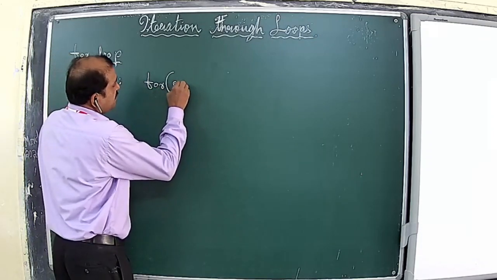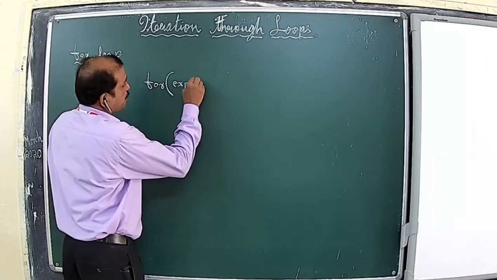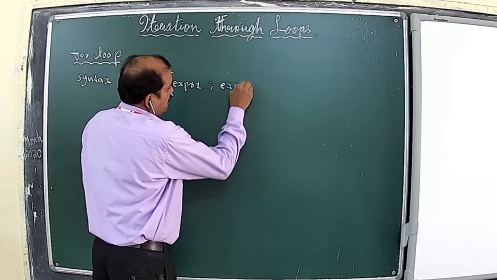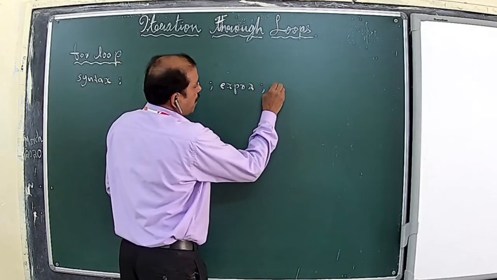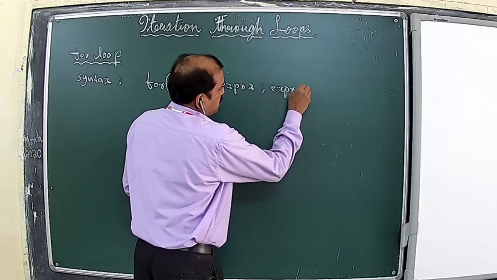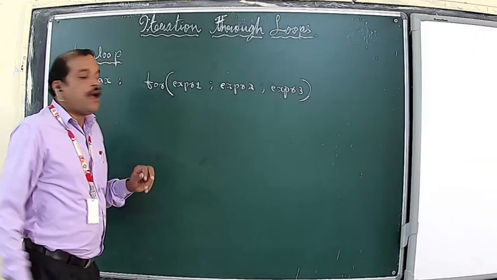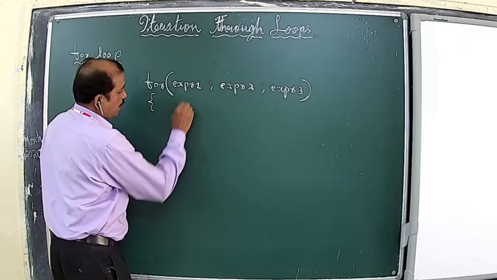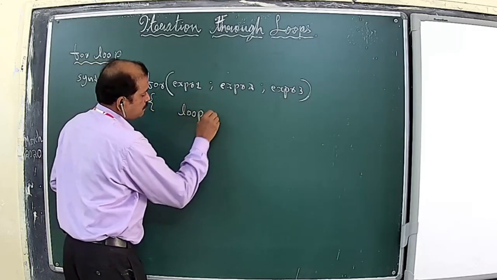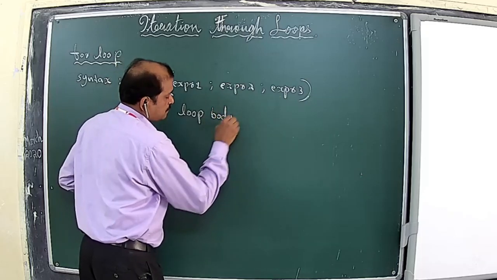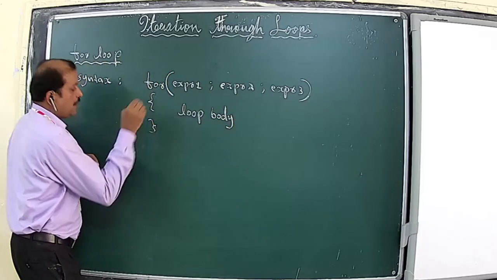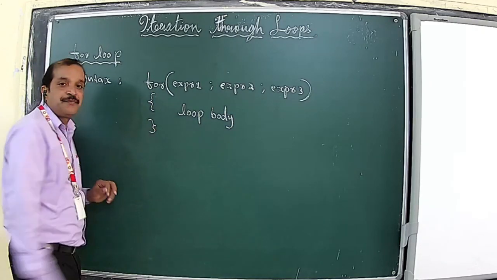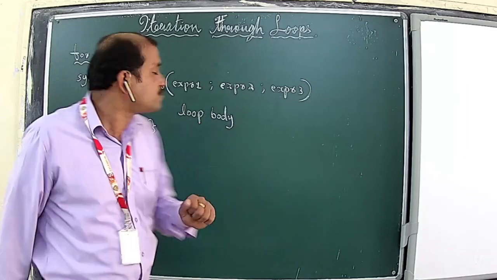And there are mainly three expressions as part of this for: expression 1, expression 2, and expression 3, followed by the body of the loop, also called the loop body. And definitely the loop body is enclosed within a pair of curly braces as a block.